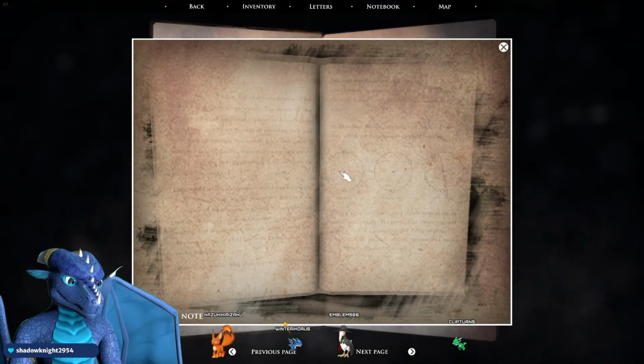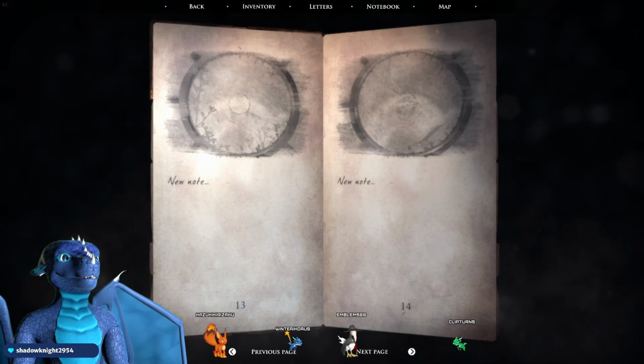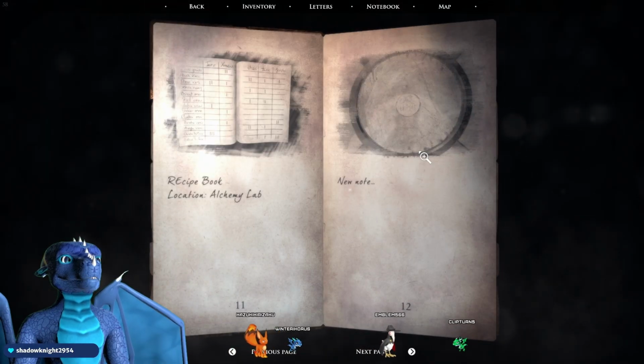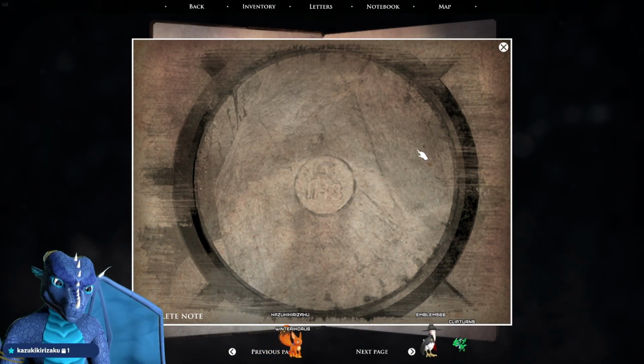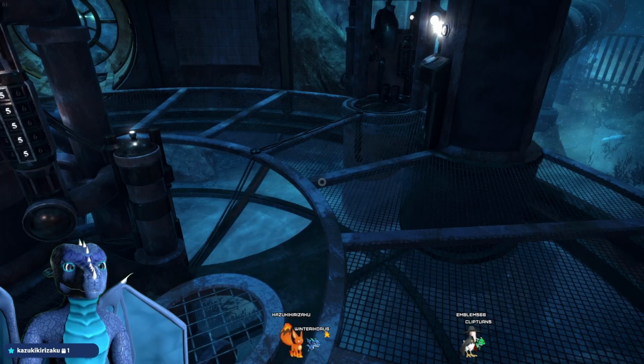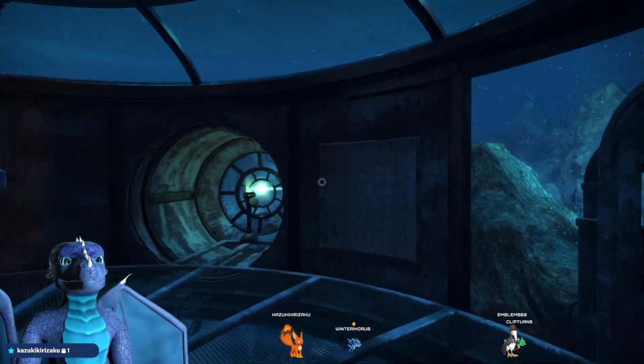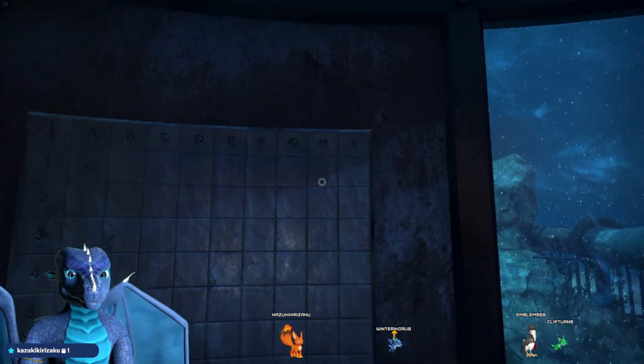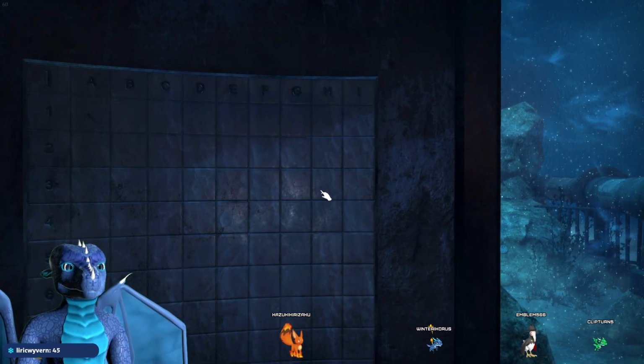Okay, let's look at our notes for a second. Oh god, those are so washed out. Okay, so for graph 1, we have H3, which is the first one. So H3.